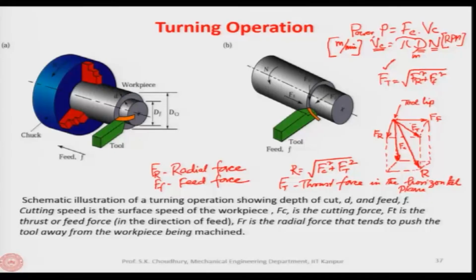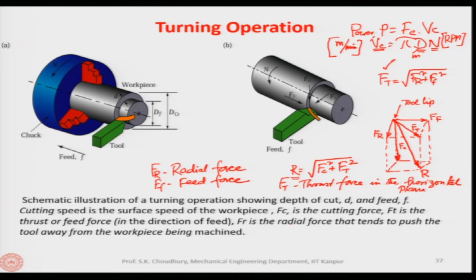The cost criteria we will discuss later, and there we will come back to how to select the machining parameters optimally. Finally, in turning we have the thrust force F t and the cutting force F c, and the resultant force is root over F c square plus F t square.